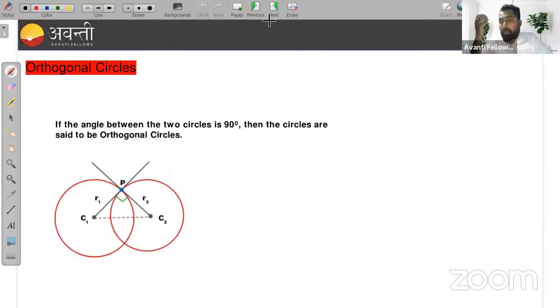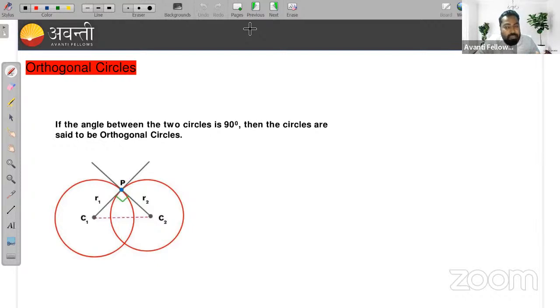Now, orthogonal circles. When can we say both the circles are orthogonal? Simply, if the angle between two circles is 90°, we can say those circles are orthogonal to each other. So orthogonal means 90°. So you can ask, sir, how can we find the angle between two circles? Is it possible? Yes.